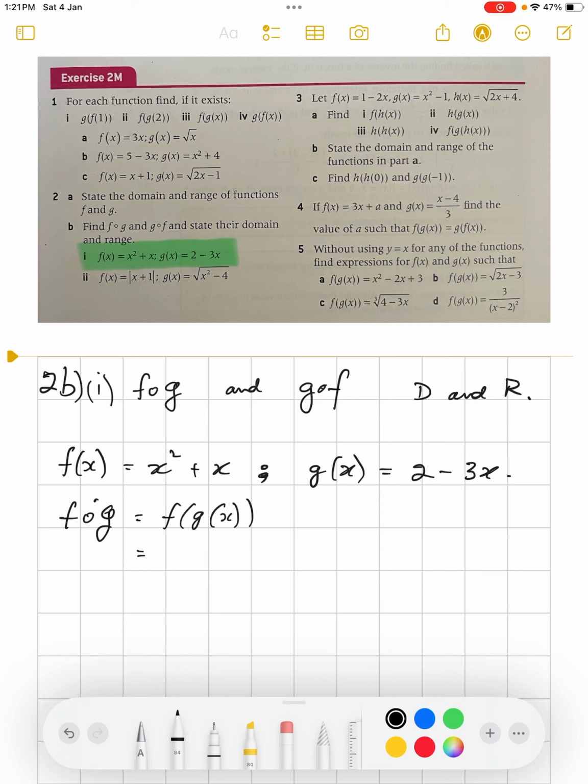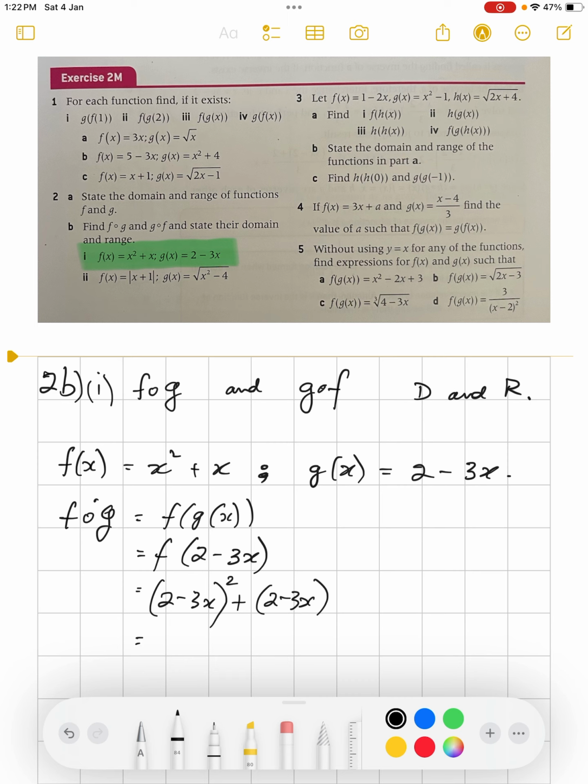So if we put g of x in here, we've got 2 minus 3x. Now, let's put 2 minus 3x into (2 minus 3x) squared plus 2 minus 3x.